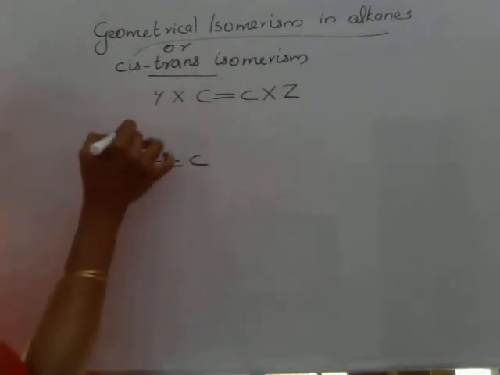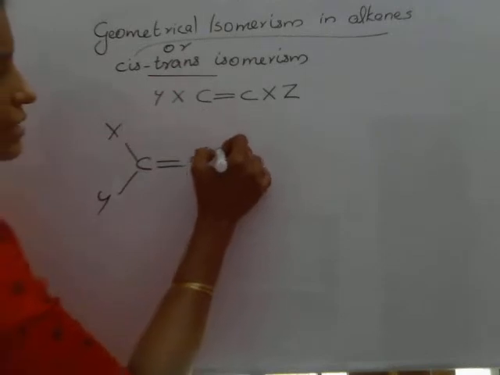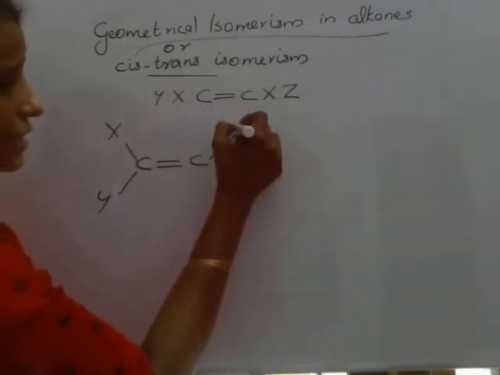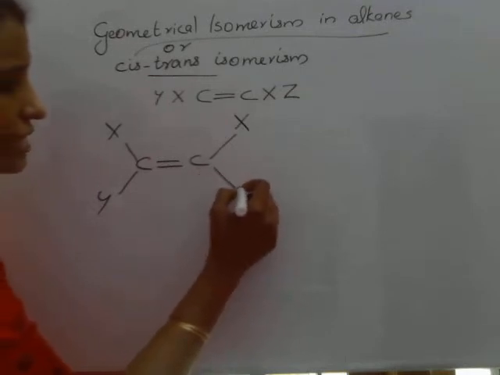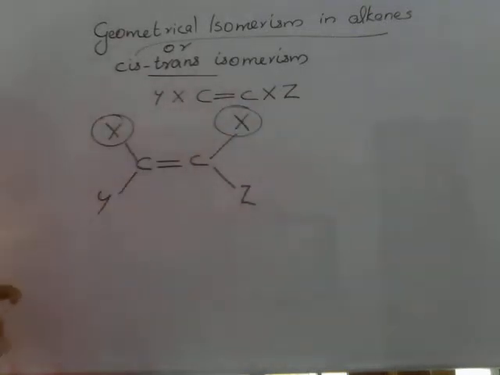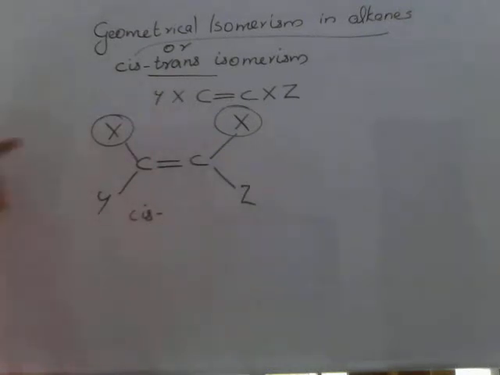So on the first doubly bonded carbon atom, X above, Y below. On the second doubly bonded carbon atom also, I arrange X above, Z below. Here you can see with respect to these X atoms, these identical groups are on the same side, no? This is the cis isomer. Identical groups on the same side of the double bond.